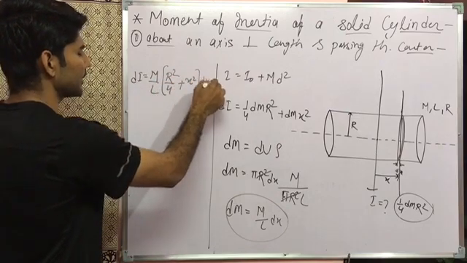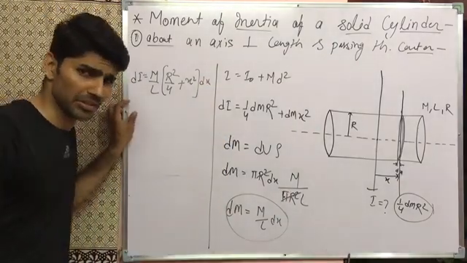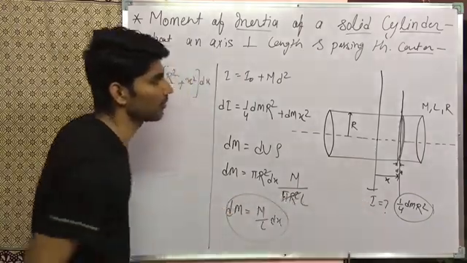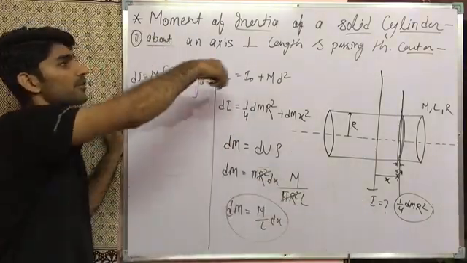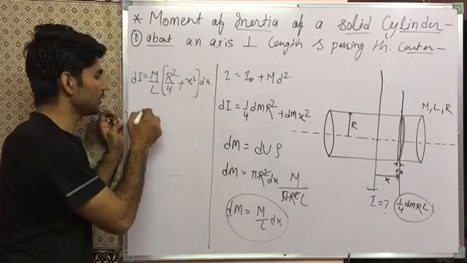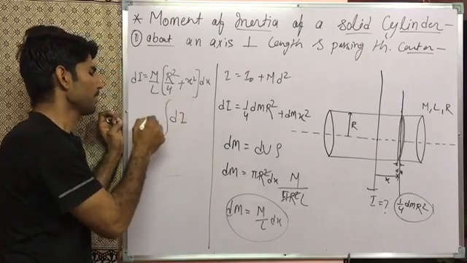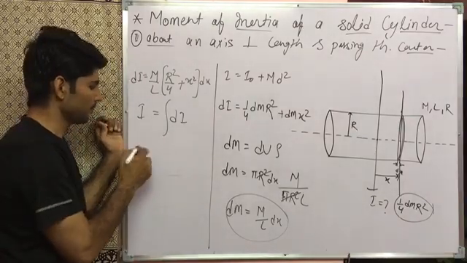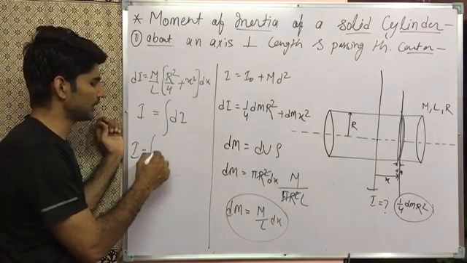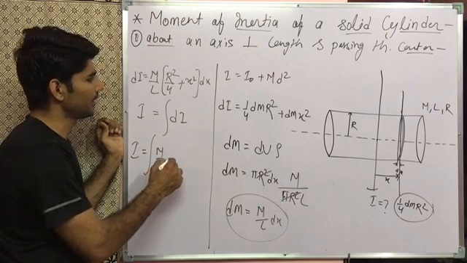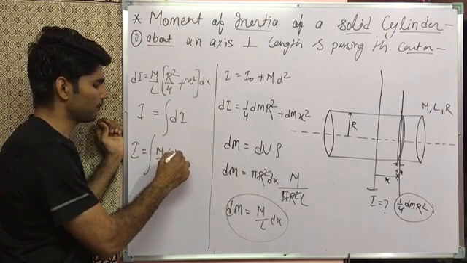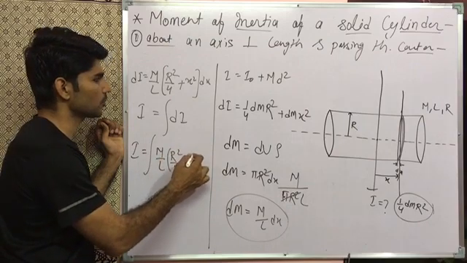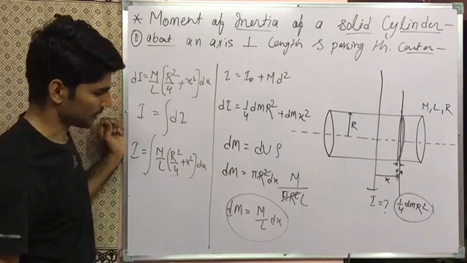This is the moment of inertia for this disc component about this axis, but we have to determine it for the complete cylinder, and for that we will integrate this dI and we get the moment of inertia about this axis. So I put the integration m by L, r power 4 by 4 plus r square by 4 plus x square and dx.